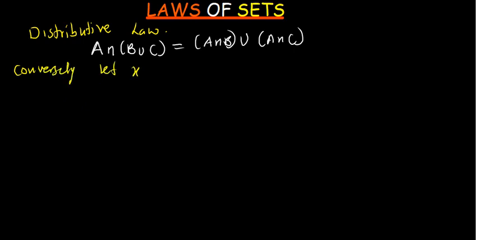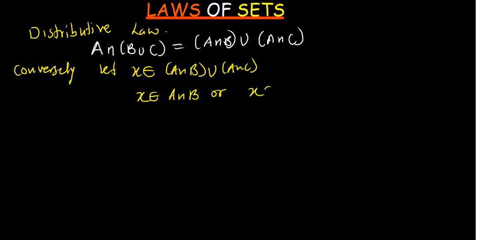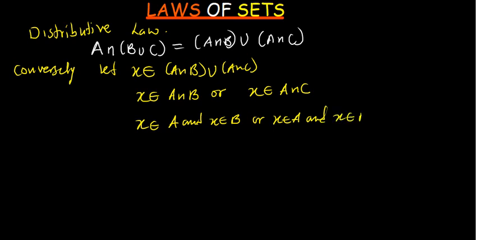Let X be a member of now the right hand side, A intersection B union A intersection C. That means that X is a member of A intersection B or X is a member of A intersection C. This means that X is a member of A and X is a member of B, or X is a member of A and X is a member of C.